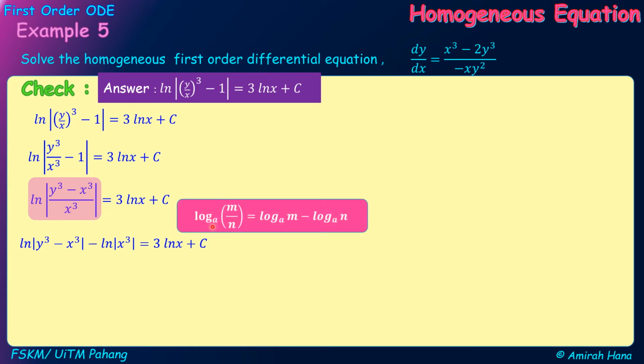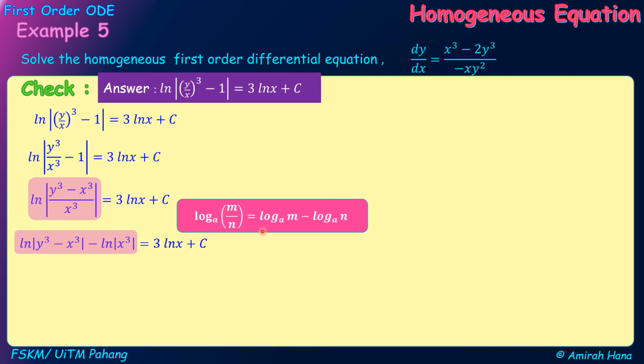From the properties of logarithm, log a (m over n) equals log a m minus log a n. Since ln is also log, meaning log base e, using this formula, let's say our numerator equals m and our denominator equals n.